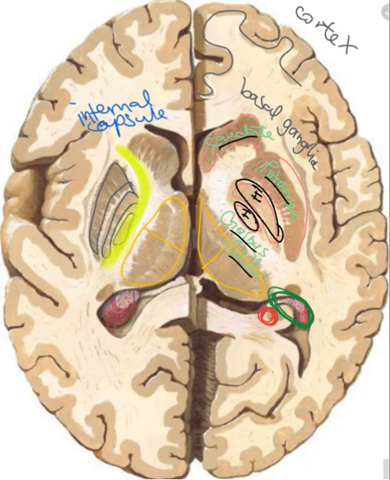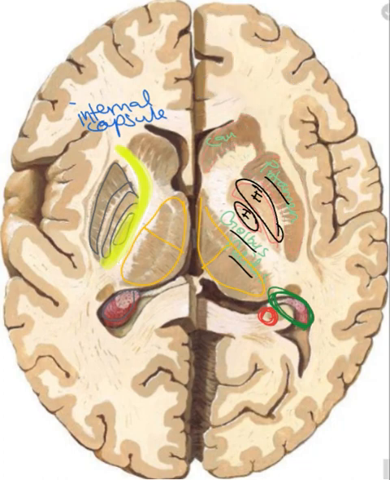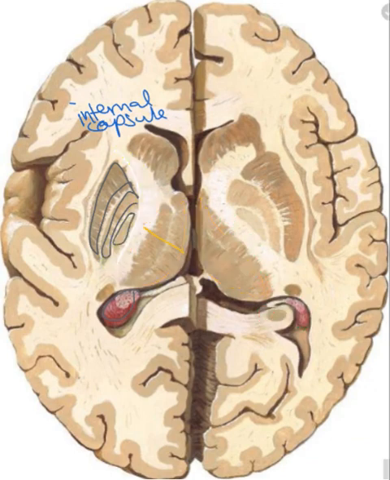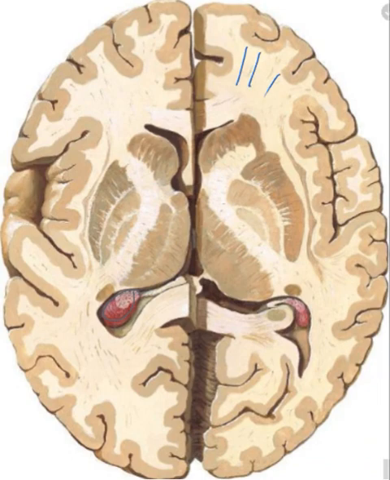Okay, so as a quick recap, we said that we have the white matter and the gray matter. The white matter is the nerve fibers, and the gray matter is the neurons that project these fibers.